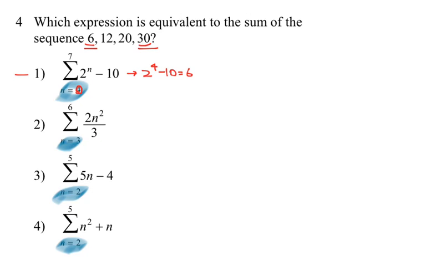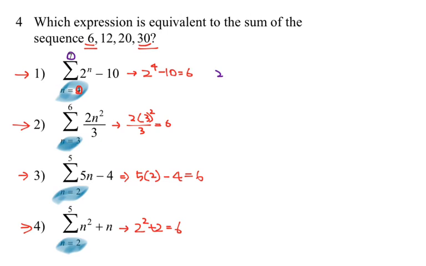That's the case, yes, because 2 to the 4th power minus 10 is equal to 6. So the first one seems to be okay. How about the second one? When I plug in 3, I do end up getting 6 as well. Third one, when I plug in 2, I do end up getting 6 as well. Okay, all 3 of them seem to be nice. And lastly, when I plug in 2, I still end up getting 6.